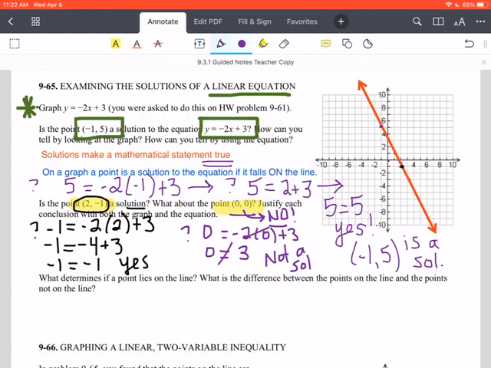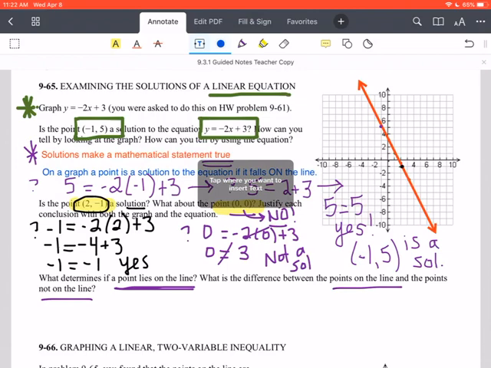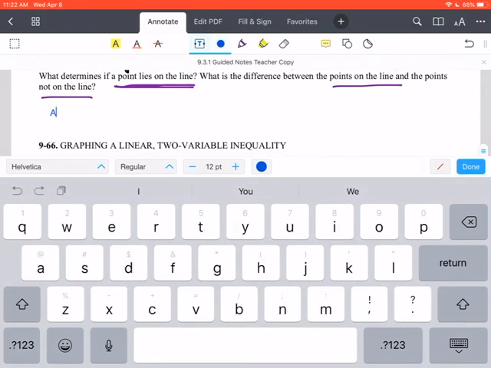So the moral of the story that we already kind of typed up here is, what determines if a point lies on the line? What is the difference between points on the line and points not on the line? Okay, well, we can go ahead and say all points on the line are solutions to the equation.